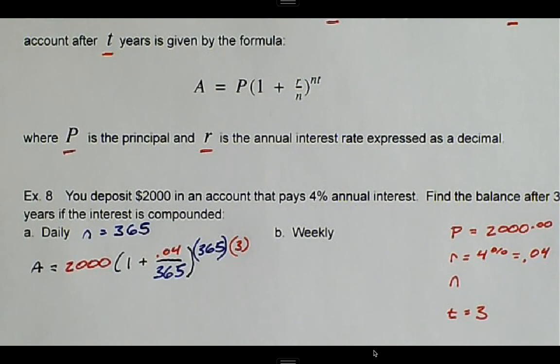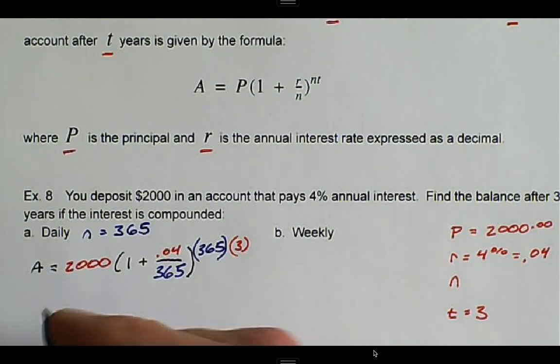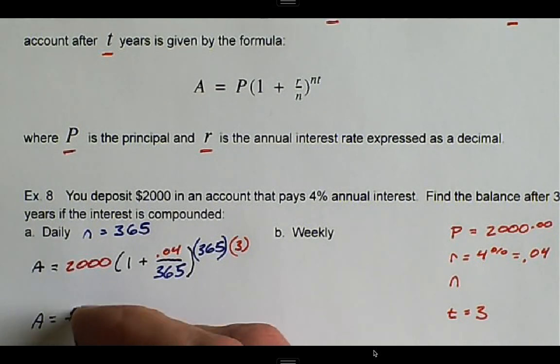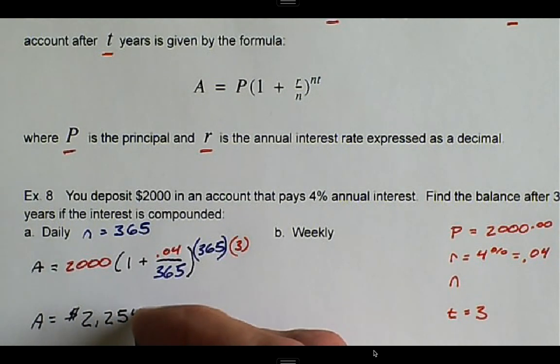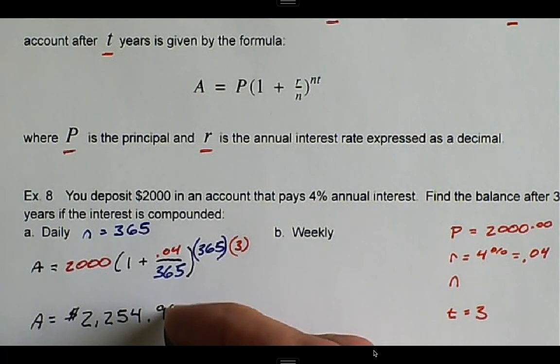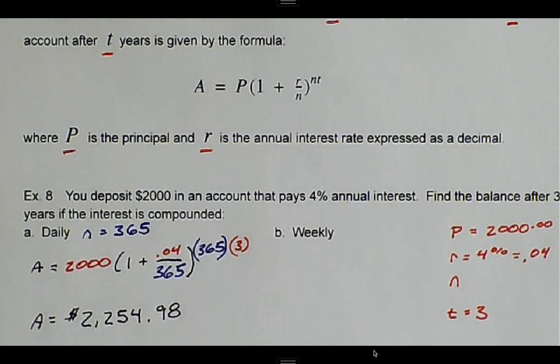We plug those into our calculator, and for this example, we get A is equal to 2,254.98. And so that is our example for daily.